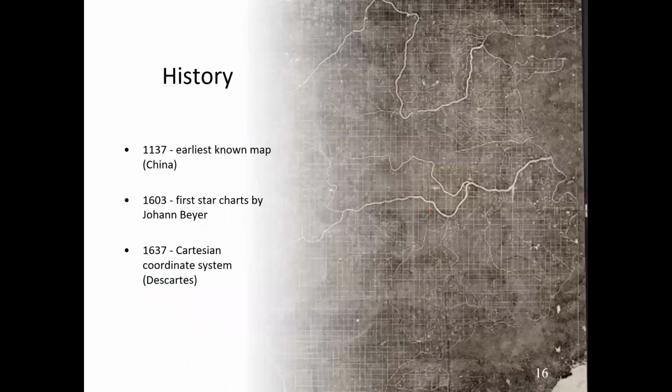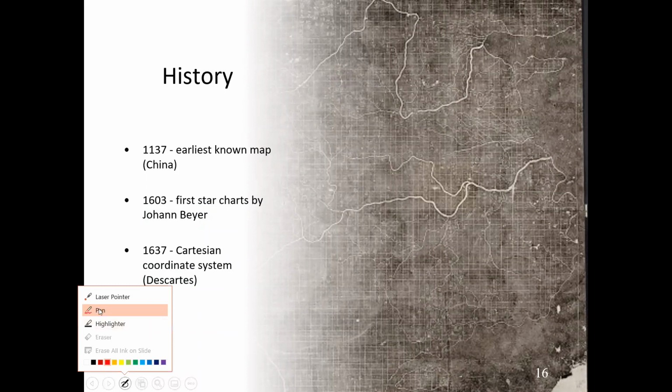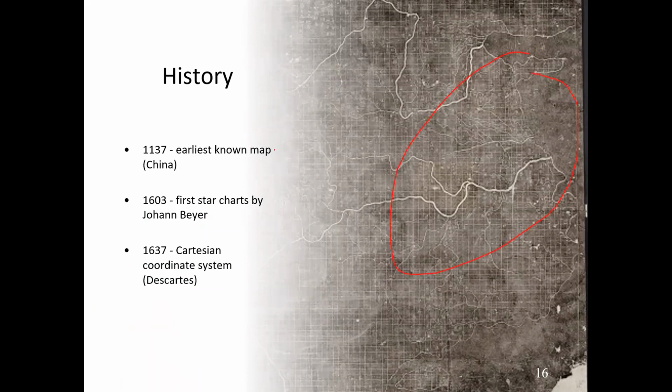Right. So, history of visualization, 1137, right? You can actually Google this one. I can't remember the name of this map, right? This one, right? It's a kind of earliest known map.